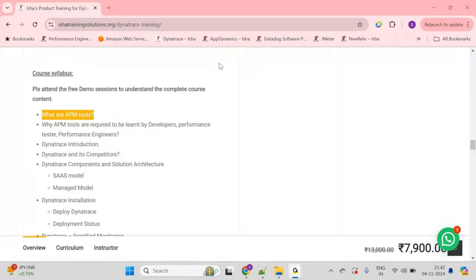So at the end of the day, this tool will make your work a little easier, and you are going to do some value addition as a performance tester or performance engineer. You are going to monitor your application and say whether it is working well or not.